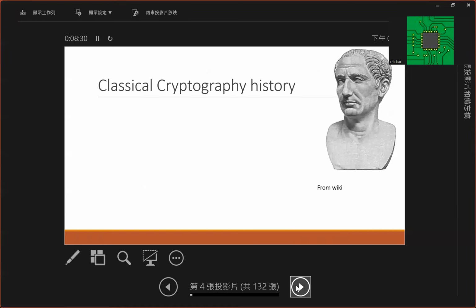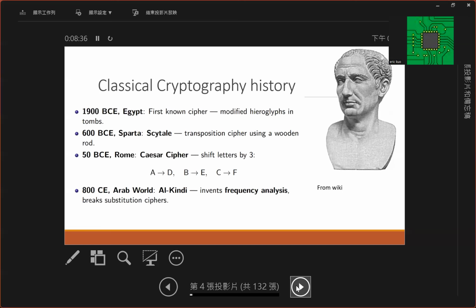But before we start to talk about it, I just want to explain some classical cryptographic history. I'm not an expert, but the idea of cryptography is that someone wants to send a message to an audience, but you don't want to just publish the message.